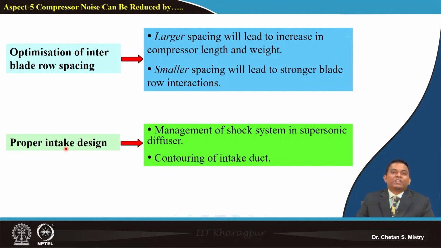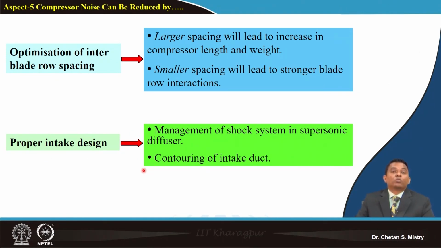This is a special kind of application where the airframe integrator comes into the picture. When we supply this engine to airlines, the airframe configuration person needs to take care of this particular design. In the same way, the contouring of the inlet duct.